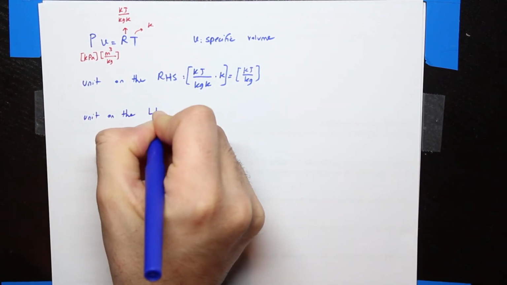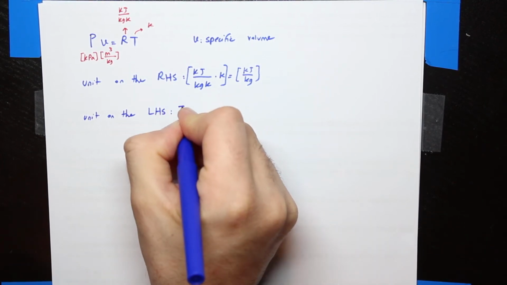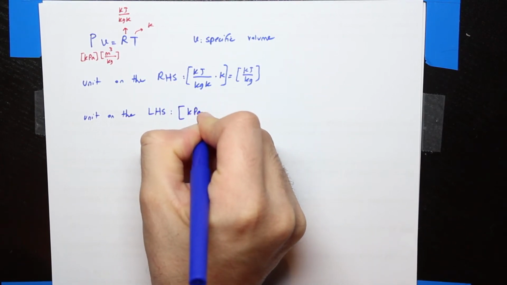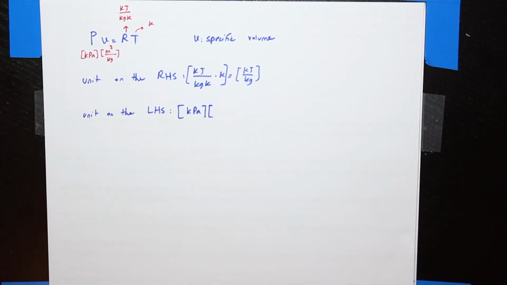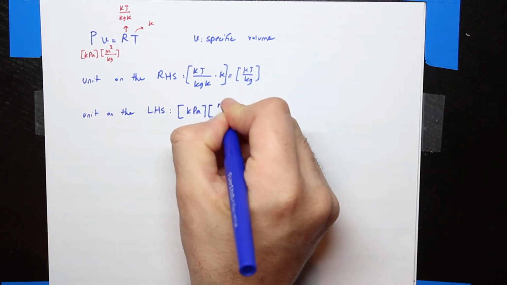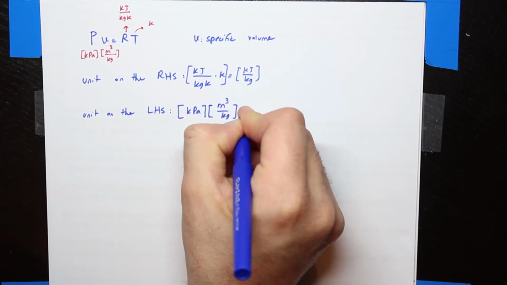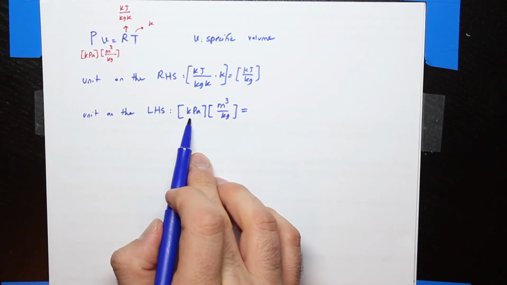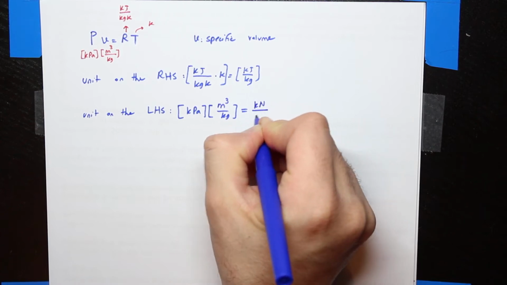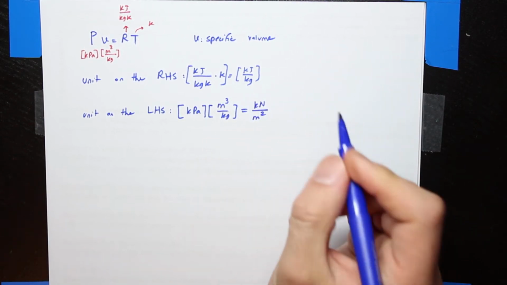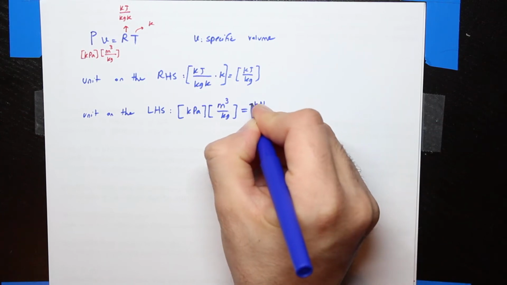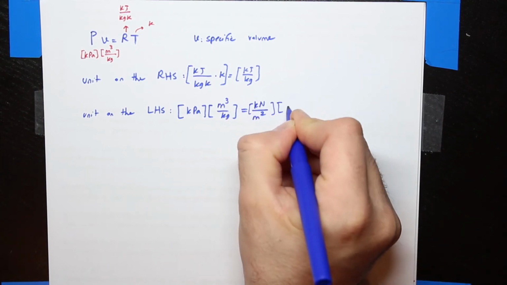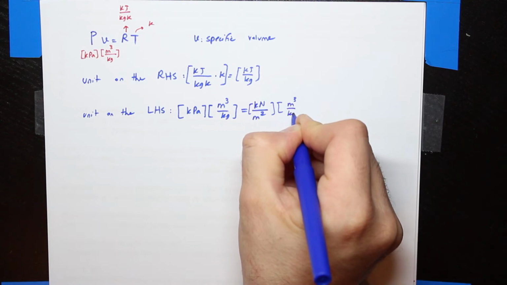On the left hand side, my pressure is in kPa, and my specific volume is in meter cube per kilogram. I'm going to expand this kPa as kilonewton per meter squared, because that is the definition of Pascal, multiplied by meter cube per kilogram.